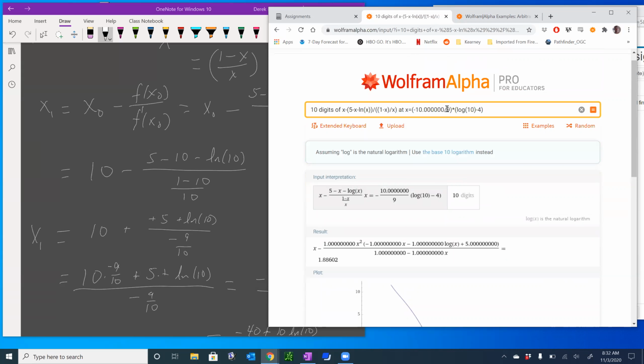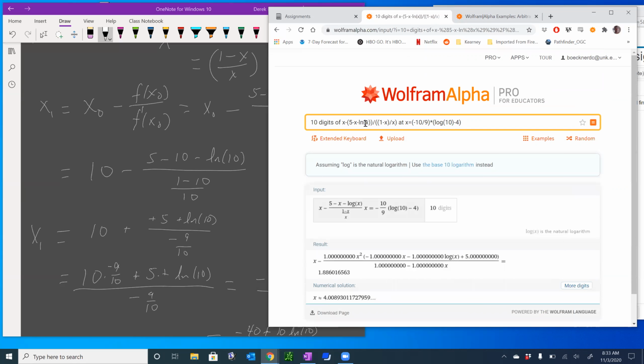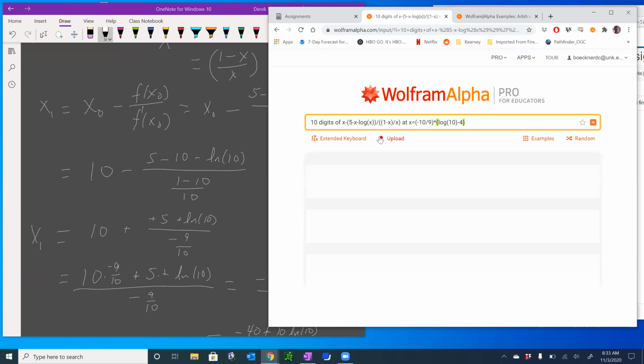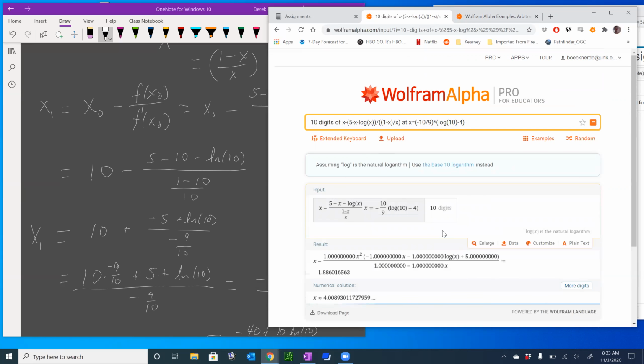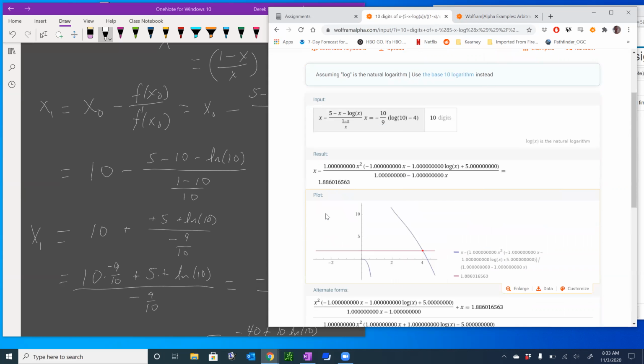All right, now I'm confused. Maybe I should put in log here. Is the result 1.886 or 4.008?